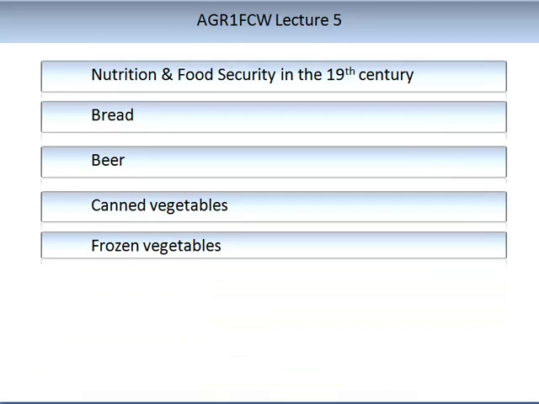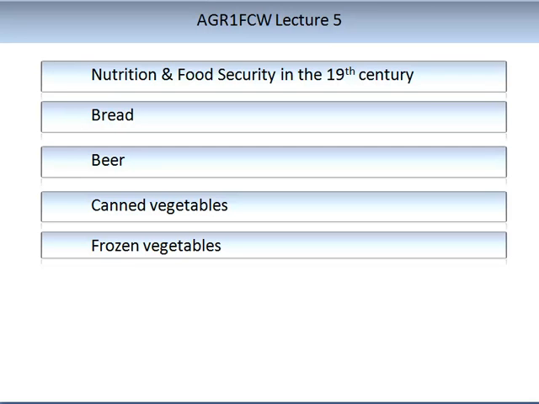In the 19th century, we saw a great change to nutritional components of food, and we will discuss here how they linked with food security. So, for example, you saw stable production, low food prices of such products as bread and beer. You had the introduction of processing techniques such as canned vegetables and frozen vegetables.